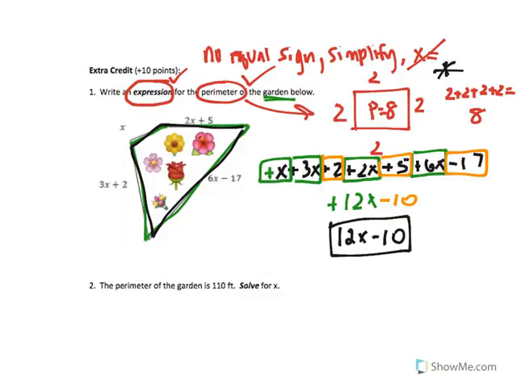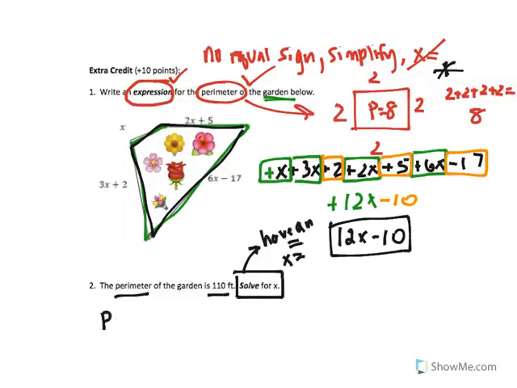It says for number 2, the perimeter of the garden is 110 feet. Solve for x. Remember, when we solve, we will have an equal sign, and we will get an answer of x equals something.